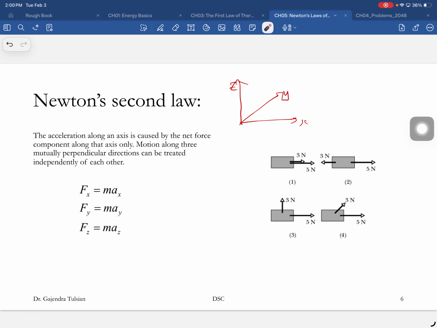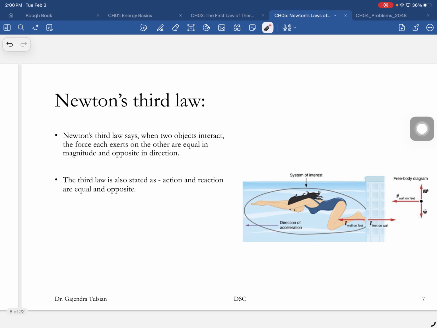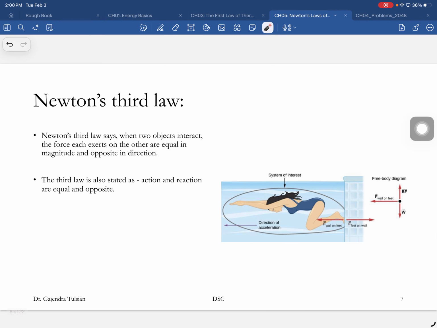So here's the Earth. When you're standing there, Earth exerts a force of gravity on you. And the force of gravity, which way does it point? It points towards the center of the Earth. So that's the reason why you don't fall down when you're in Australia.